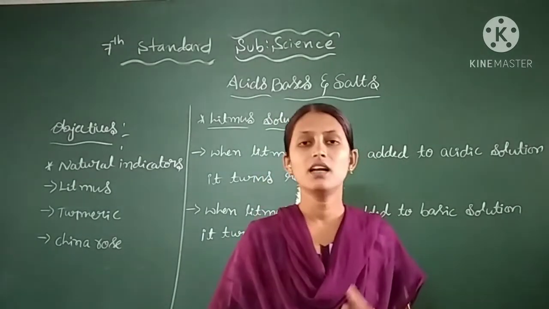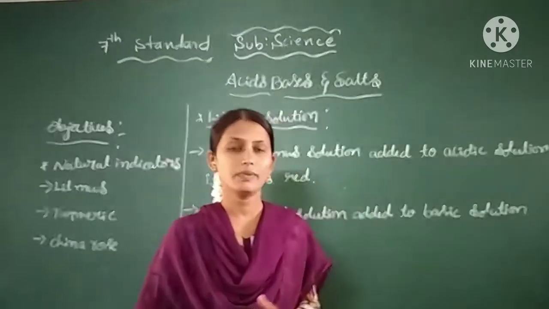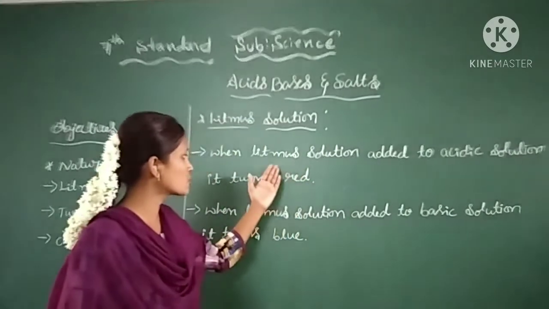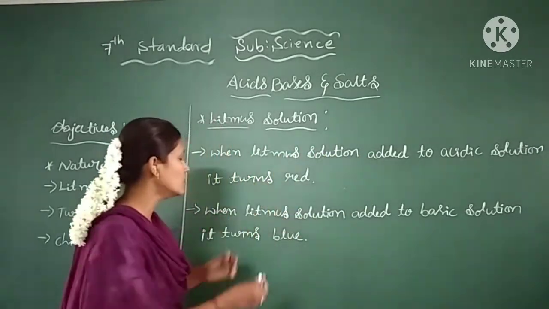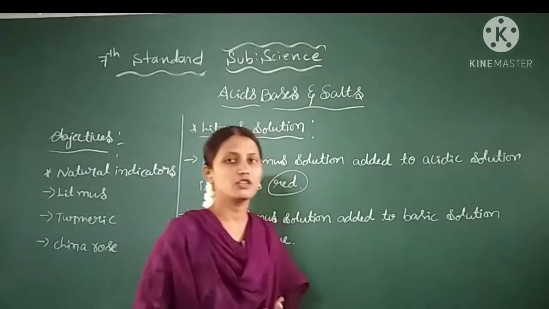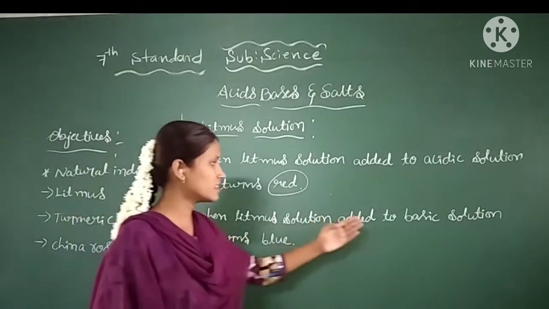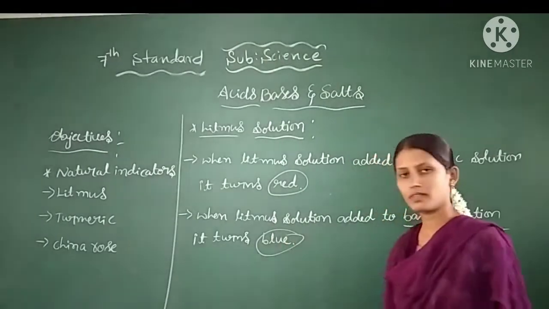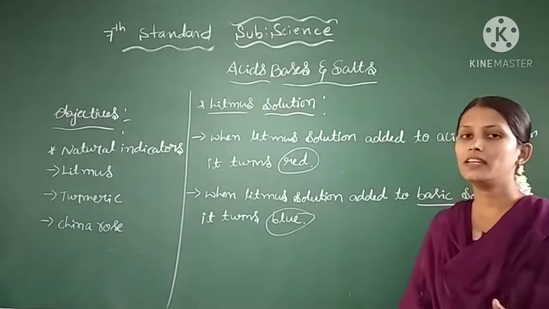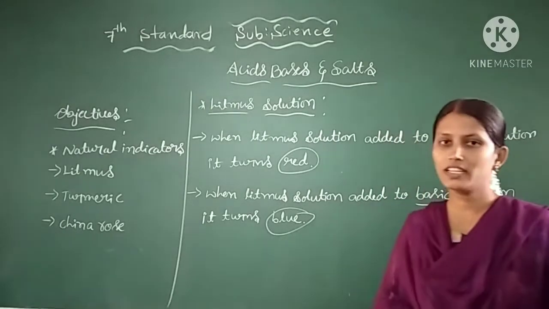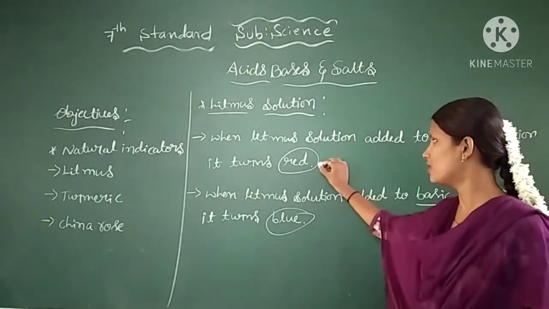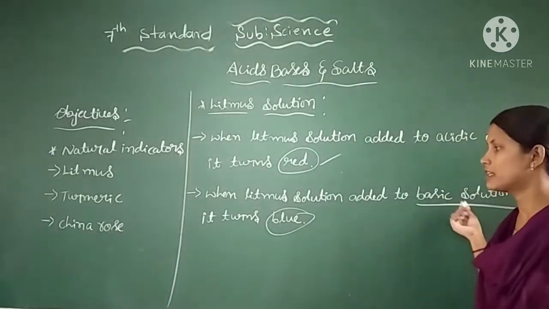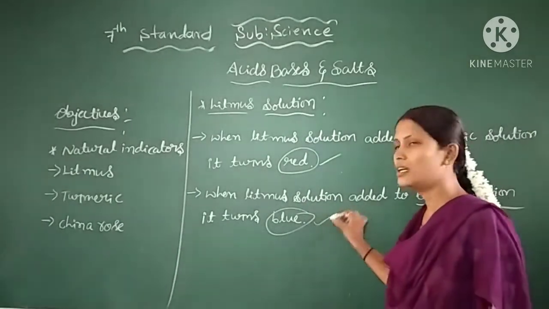We have observed that when litmus solution, a purple solution, is added to the acidic solution, it turns red. When added to the basic solution, it turns blue.